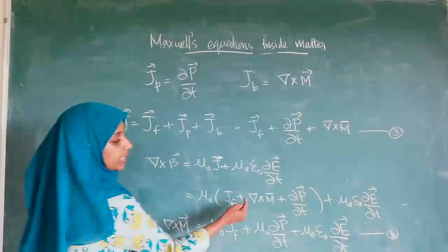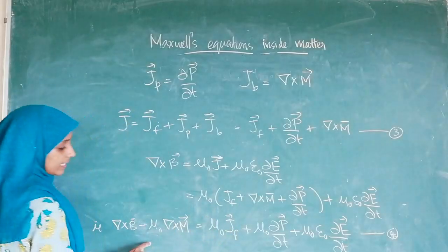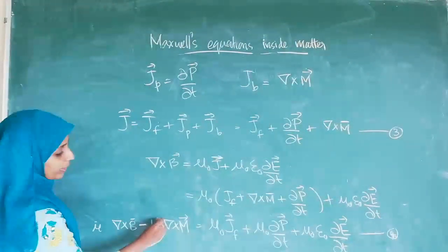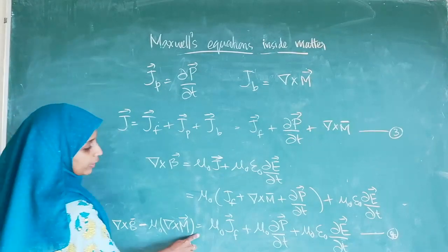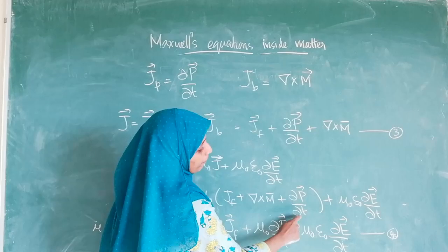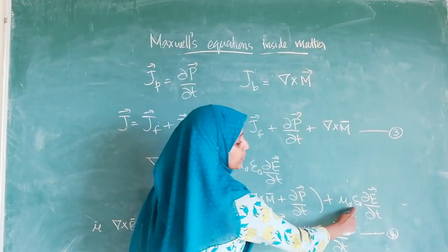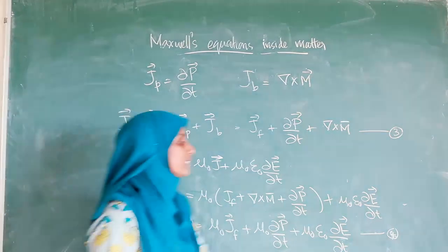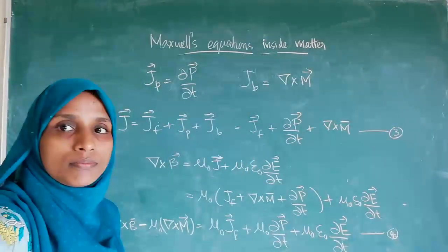I am taking the curl term into the LHS, that is ∇ × B minus μ0 into ∇ × M equal to μ0 Jf plus μ0 into ∂P/∂t plus μ0 ε0 ∂E/∂t, and give it as equation number 4.